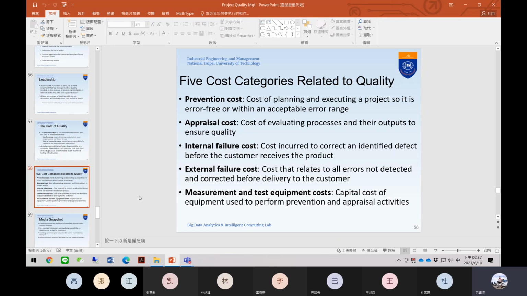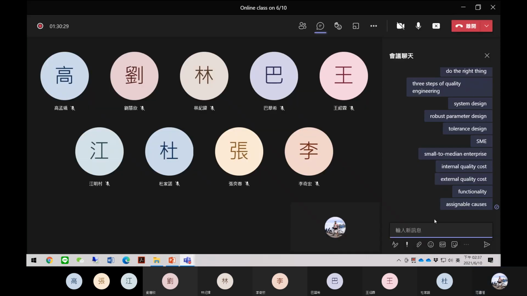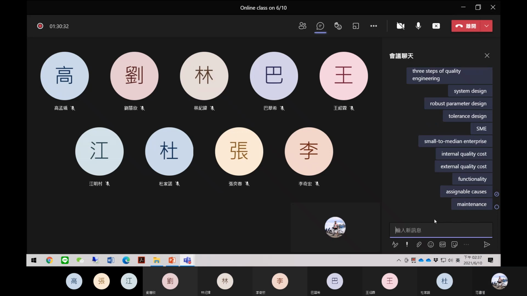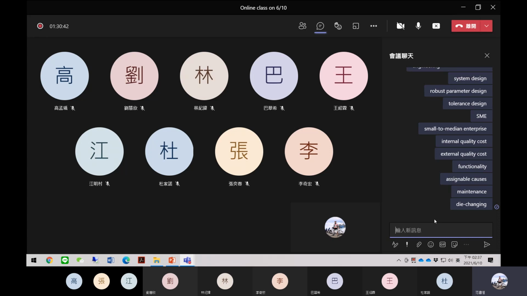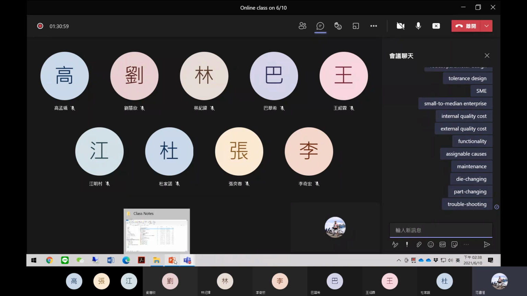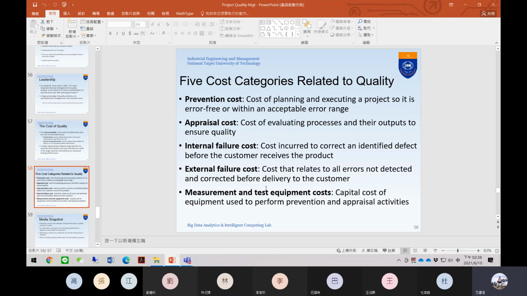You need to perform maintenance, you need to go to the die changing, die changing maintenance or part changing, or troubleshooting. That is a type of measurement and test equipment cost.